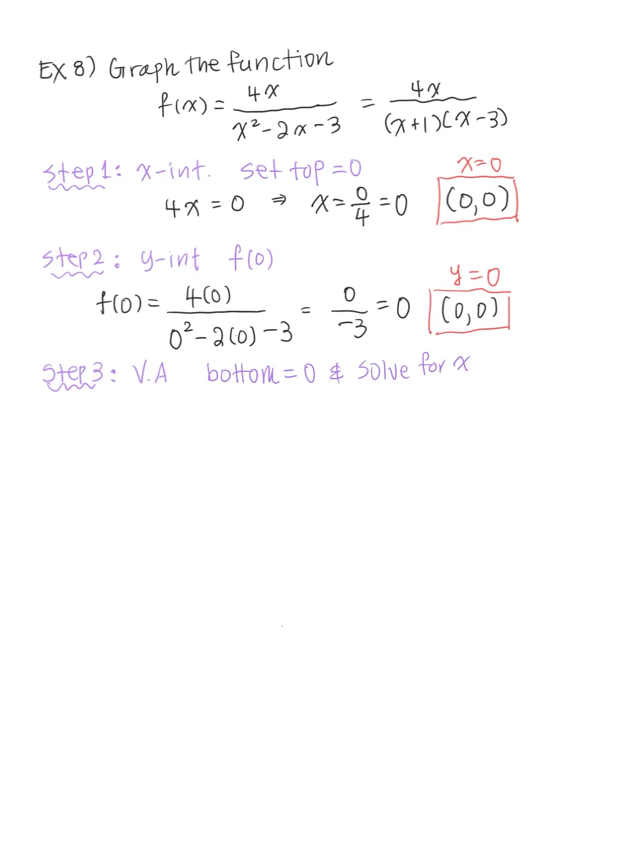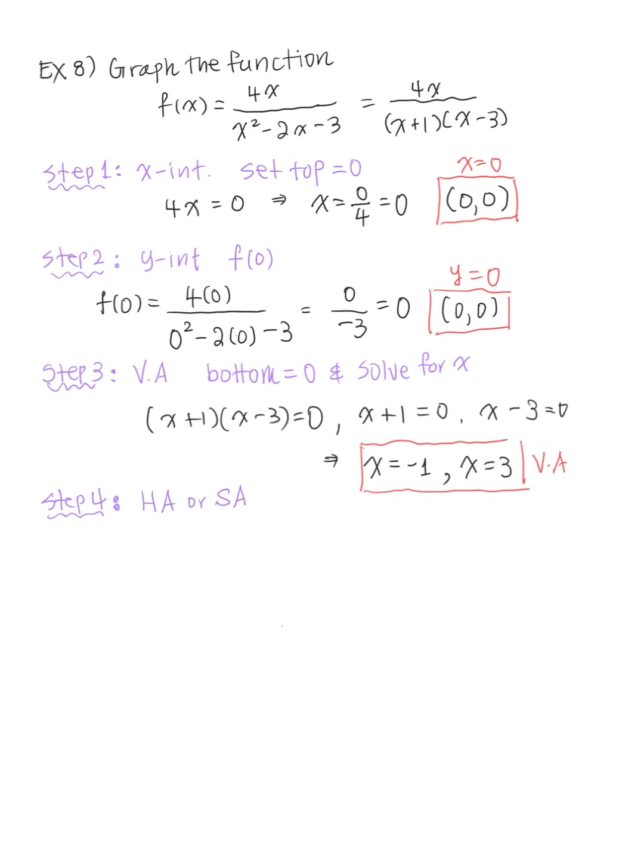In this case, what we're going to get is x plus 1 times x minus 3 equals 0, and applying the zero product principle, this is going to be either x plus 1 is 0, or x minus 3 is 0, which means that x equals negative 1, and also x equals 3 are going to be the vertical asymptotes.